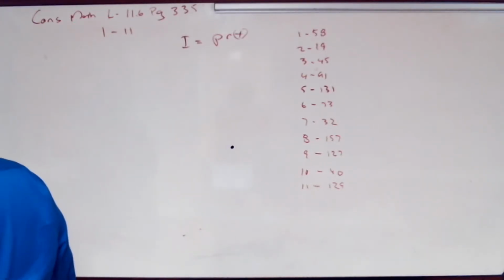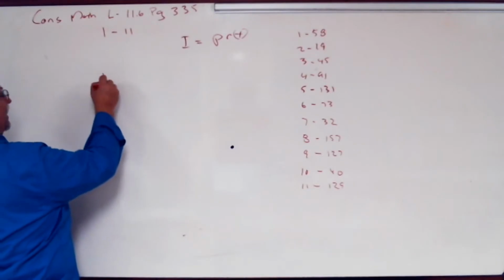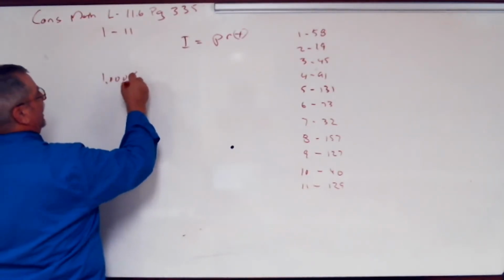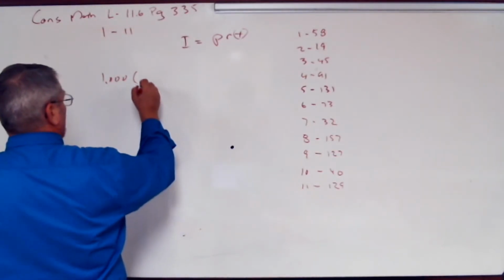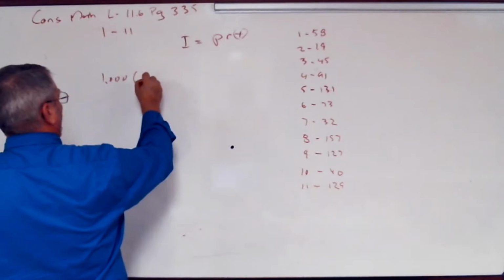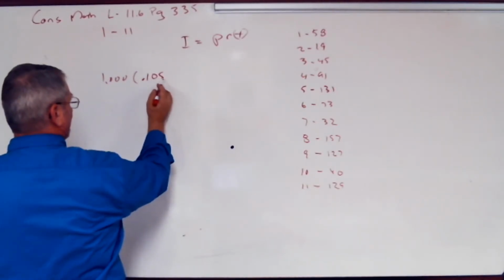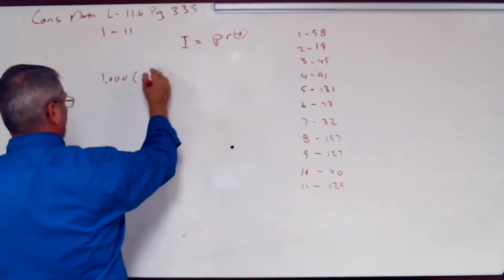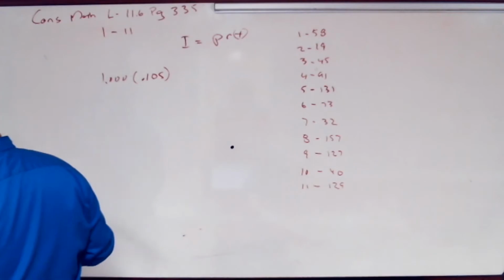So actually, let's do number 7. The face value is 1,000. The interest rate is, where's it at? 10.5%. So that's 0.105. That's the half. 10.5, two places over, decimal number. You guys were having some trouble with that a while back.